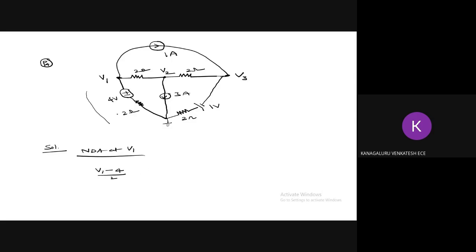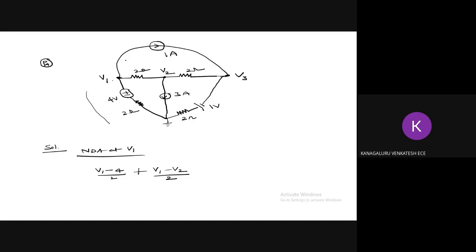And right side, 2 ohms with V2 is connected. So V1 minus V2 divided by 2. And look at this third branch, the 1 ampere source is connected. Straight away the current value is given here. So we need not write V1 minus V3 and divide with the resistance, we don't even have a resistor there.